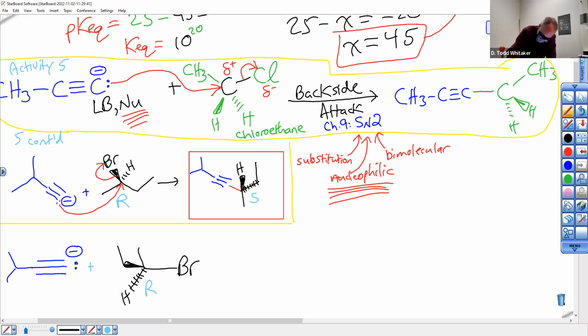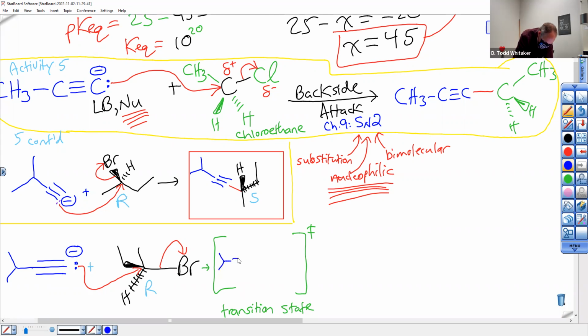So let's do a time lapse. This is called a transition state. Wow. Transition state. Fancy. So here it is, just starting to make its bond.